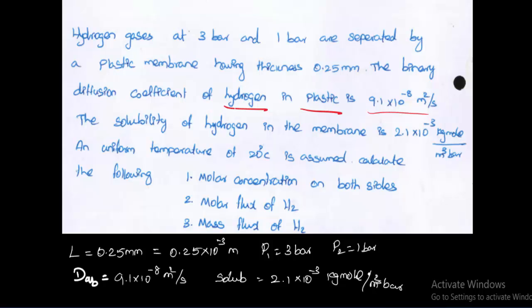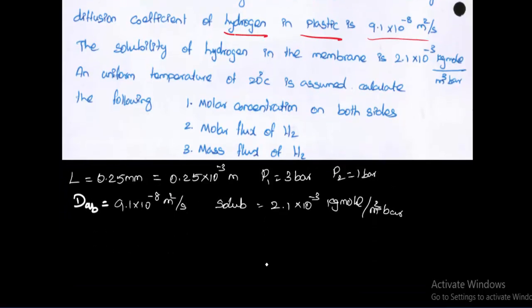And a uniform temperature of 20 degrees Celsius is assumed. So T equal to 293 Kelvin. Calculate the following. First one, molar concentration on both sides. Then molar flux of H2 and mass flux of H2.